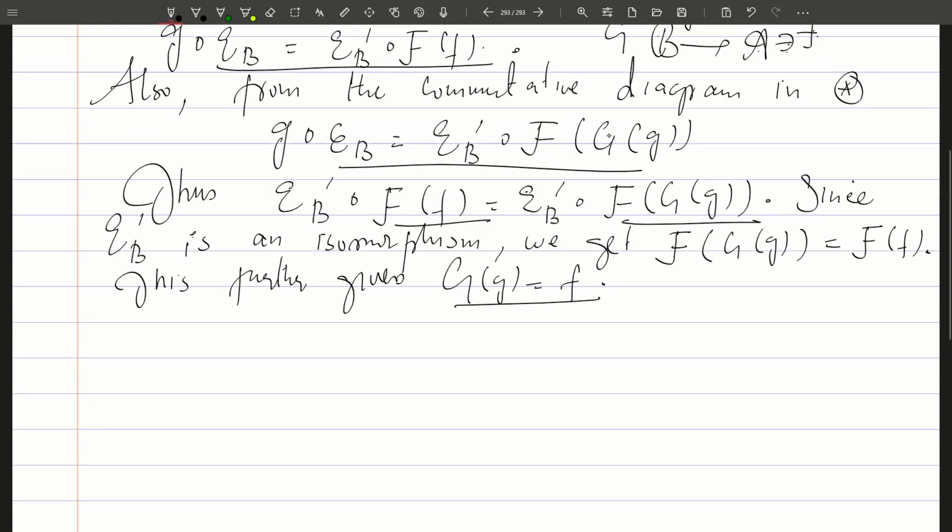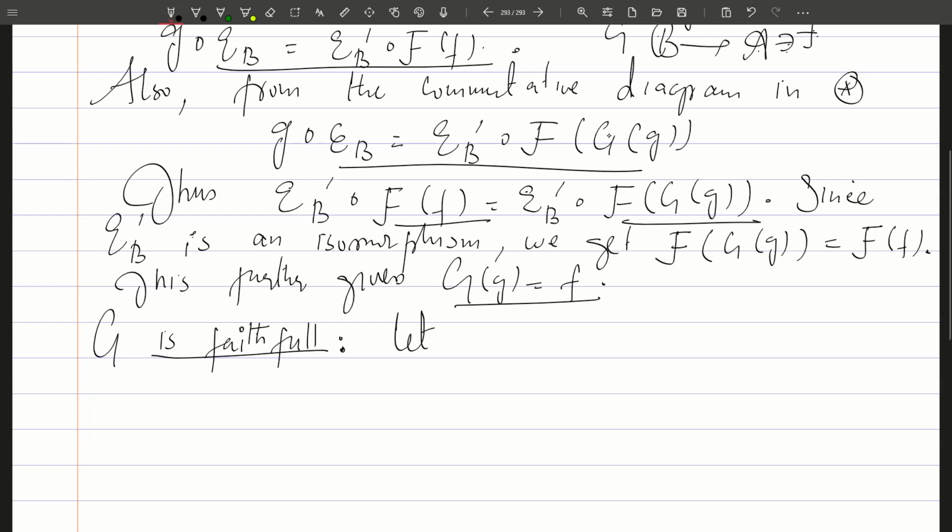Now we prove G is faithful. That is, we have to show that G is injective when restricted to hom sets.